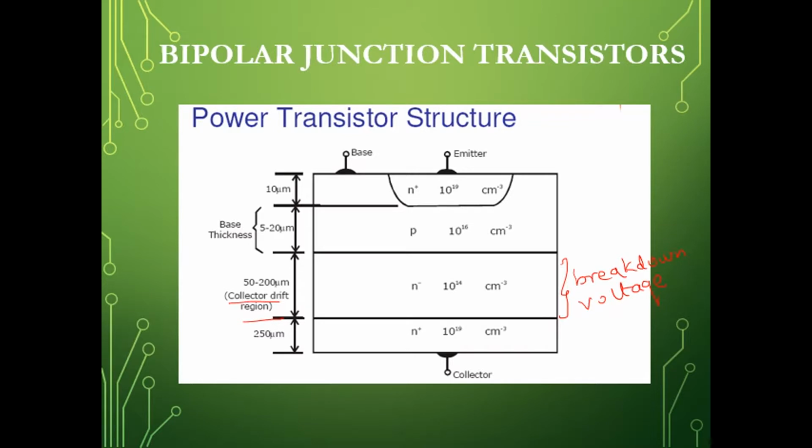So, the symbol of power BJT, this is for the NPN type. Base is the input, collector is the output terminal, and E is the common terminal in the common emitter configuration.